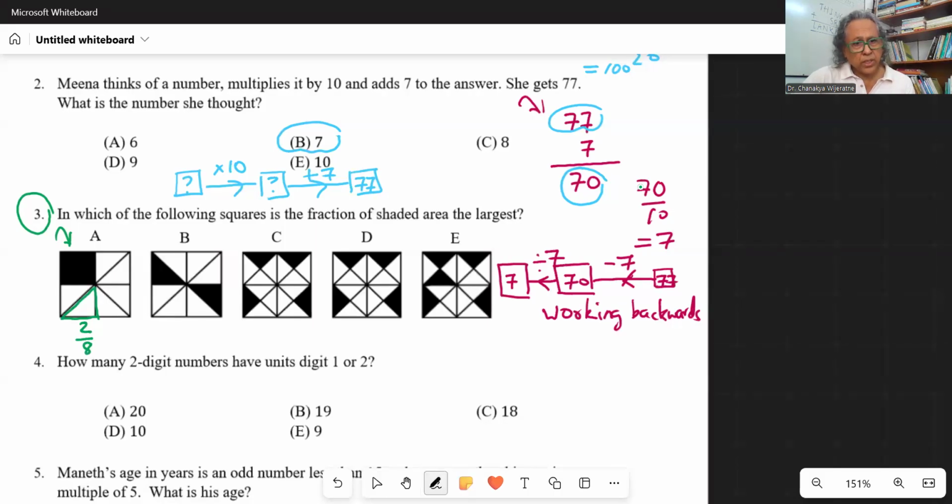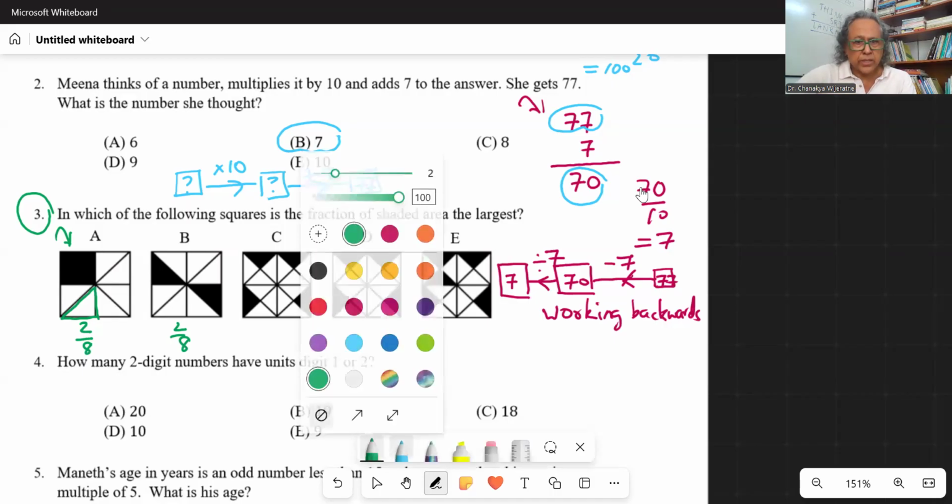And in response B, again, two of those are shaded. And in the third response, now in this figure, the square is divided into 16 congruent triangles.